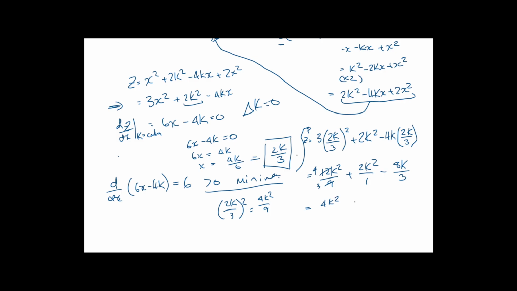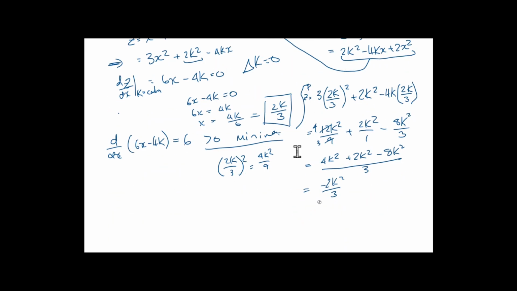So 4k squared plus 2k squared minus 8k squared all over 3, and that's going to be minus 2k squared over 3. We want to know, it's not. Where did I go wrong, kids?